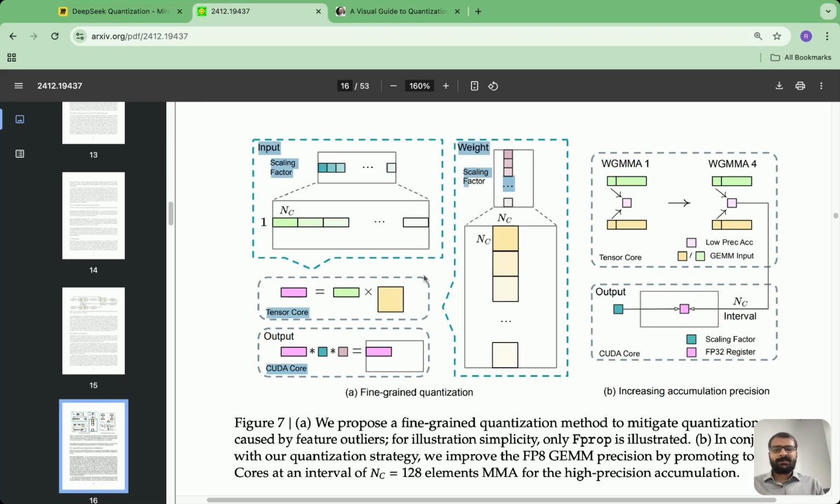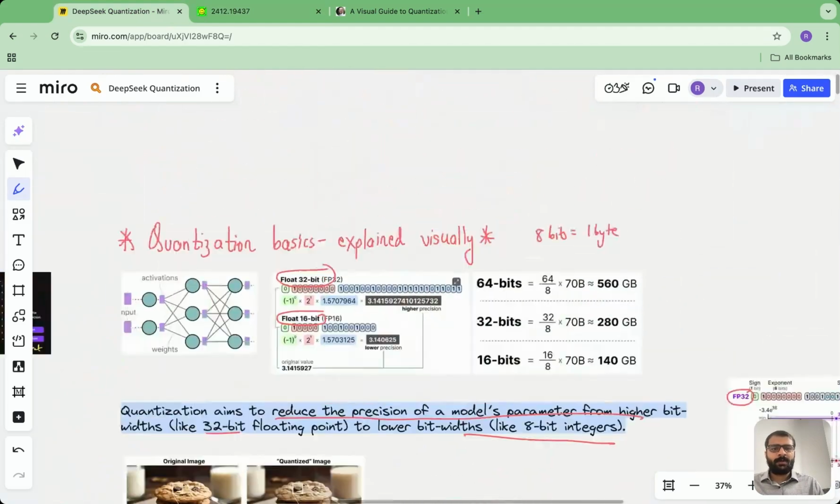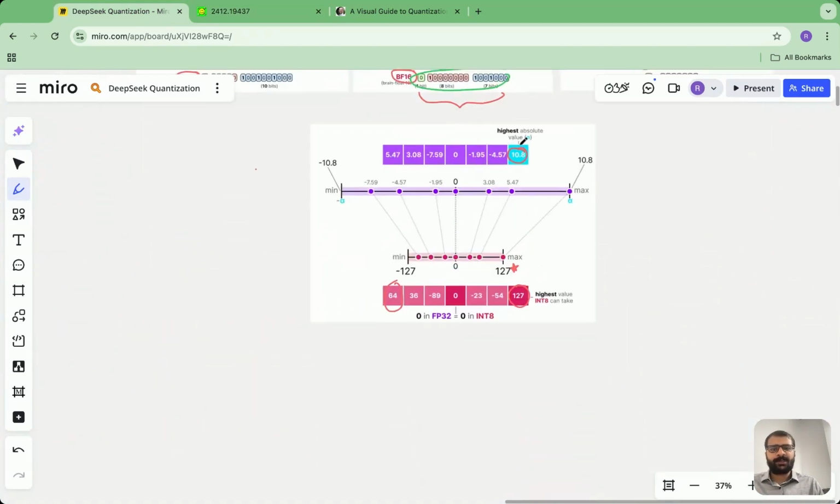The first thing to understand is that this figure actually consists of two figures. There is fine-grained quantization and there is increasing accumulation precision. First, we'll understand fine-grained quantization, which is the figure on the left-hand side. To understand this, the most important thing is the conversion which we saw.